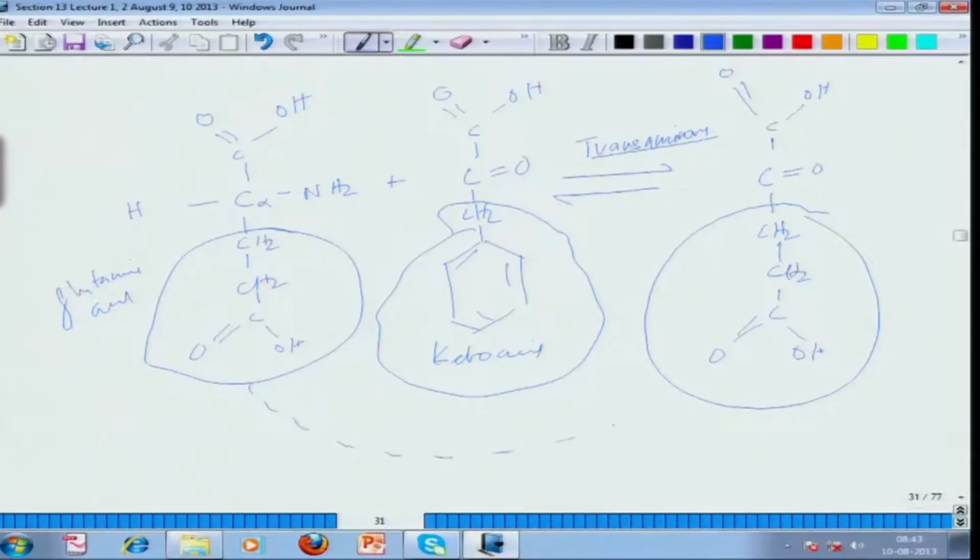So, this has moved here. This becomes keto acid 2, this is keto acid 1, plus what is left.